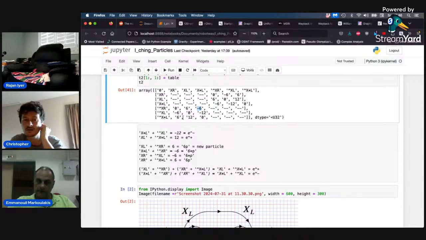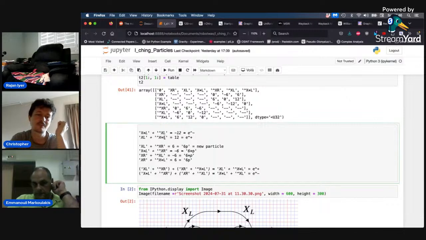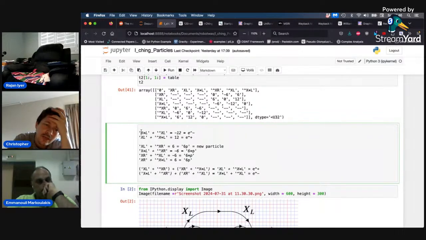So this is another new particle, which we suggest can combine again to create an electron. So this could be like electric and magnetic. I'm not sure. So we have the anti-anti. I haven't come up with a name for these yet.